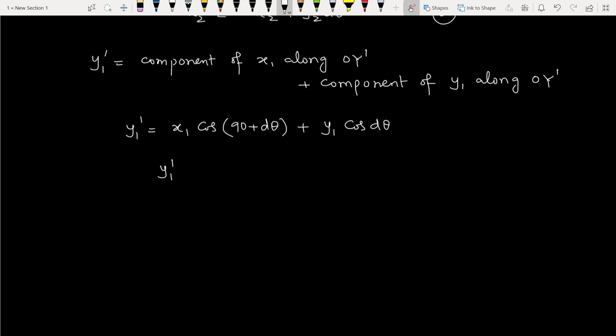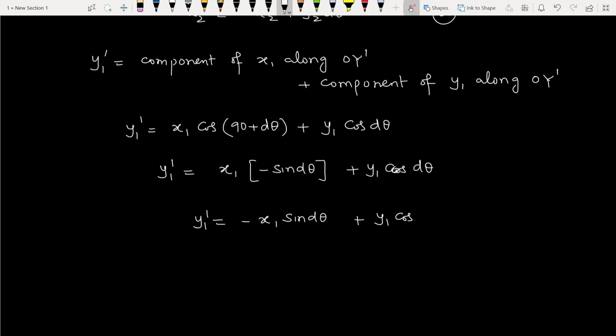So y1 dash is x1 cos of 90 plus d theta, which is minus sine d theta, plus y1 cos d theta. So y1 dash is minus x1 sine d theta plus y1 cos d theta.